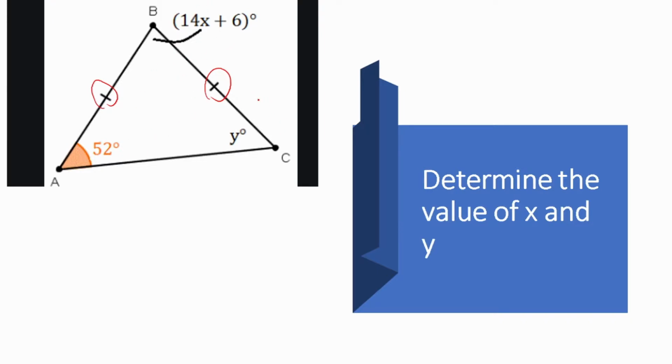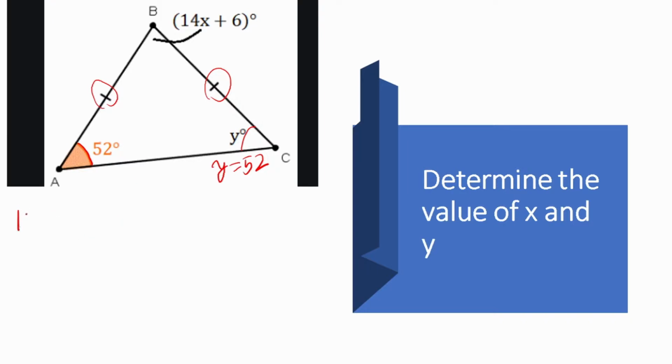And when we have an isosceles triangle, that means that our two sides are congruent, and the opposite base angles are going to be congruent. So that means 52 and y are congruent to one another, which means that y is equal to 52. Easy. And now that we have that, we could just add the rest of this up.